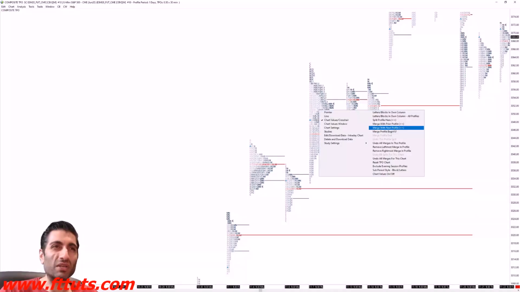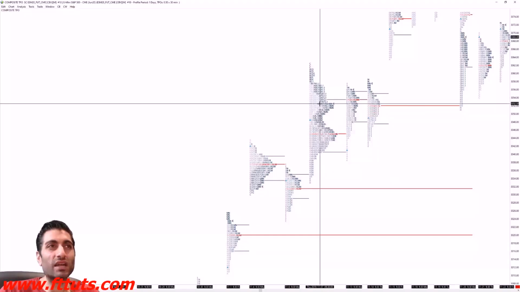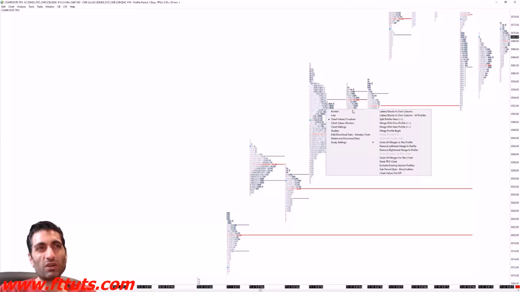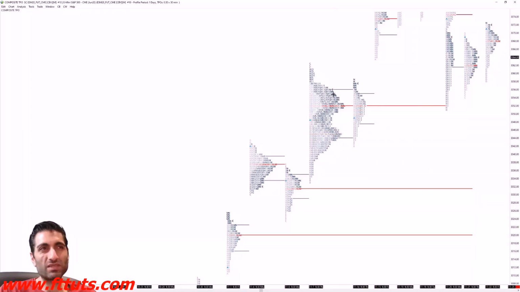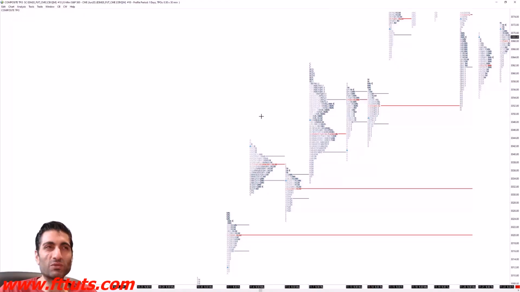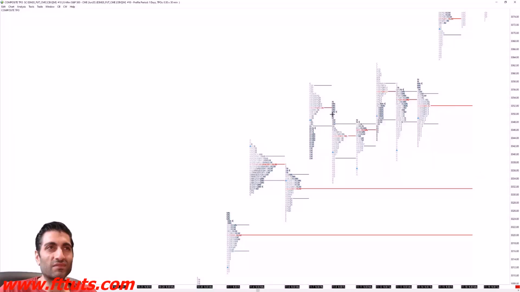But ultimately, I understand I said here I probably wouldn't merge these because it's still quite prominent, the fact that there's two profiles. But then you might ask me, when I merge the next profile, it's still quite prominent, but at the end of the day, I'm also applying a bit of logic and critical thinking and saying, hang on, what's the market been doing for 4 days? It's gone nowhere, right? What's the market actually done here?